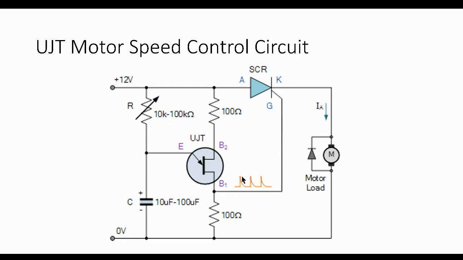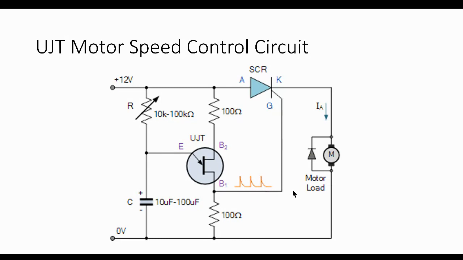And this narrow positive pulse will trigger our SCR, so it will now cause current to flow from the anode to the cathode. So we have our current here, and our motor will be turned on.